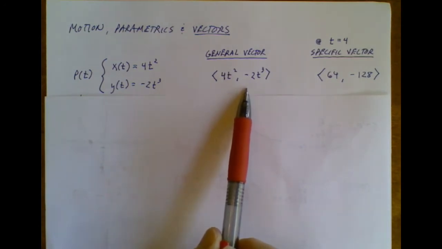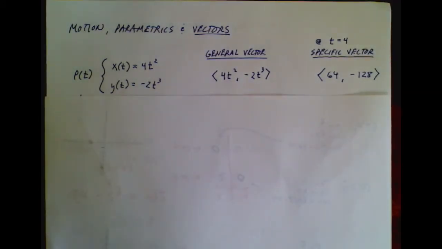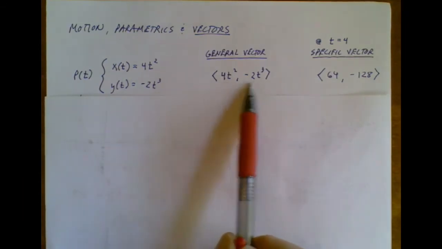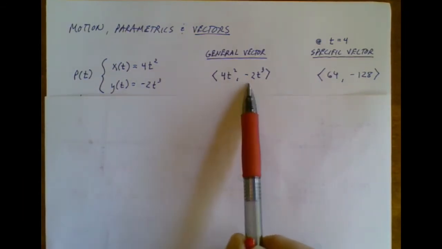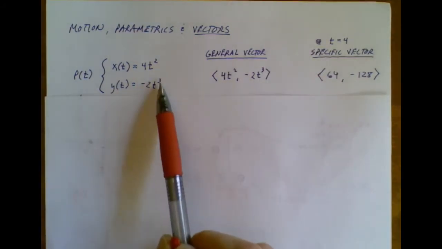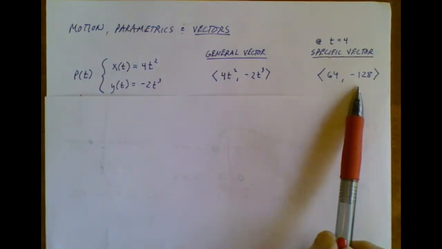And a vector with position doesn't seem to make a lot of intuitive sense because most people think about a vector implying some sort of motion. But let's just get over that for right now. This is the general vector for position, and if I cared about position at a specific moment in time, I would plug the 4 into there, and now I would have the specific position vector.